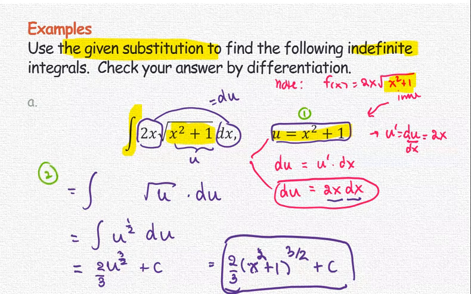And then next step, you're going to evaluate the new indefinite integral with respect to u, which is the result in step number 3 here, which is 2/3 times u to the power 3/2 plus c. And the last step, you replace the u with x squared plus 1, and then you are done.